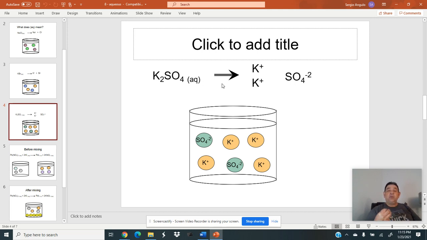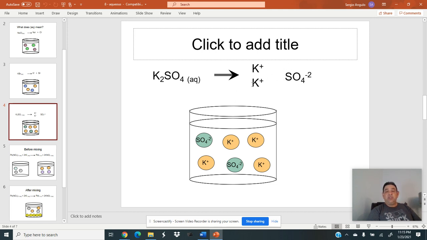So it's important to know the formulas for the polyatomic ions, because then you'll know whether a subscript is part of the formula for the polyatomic ion, or a subscript telling you how many of that ion there are with respect to the other ion.